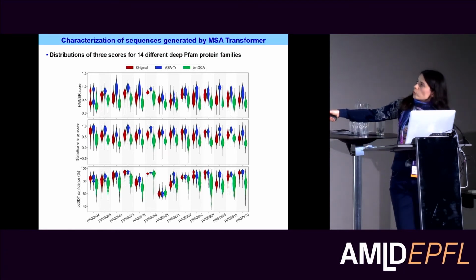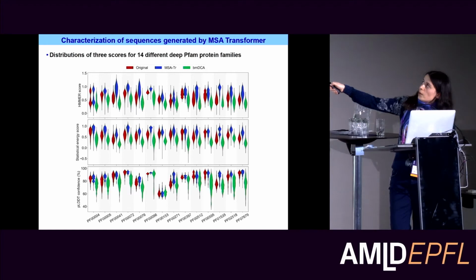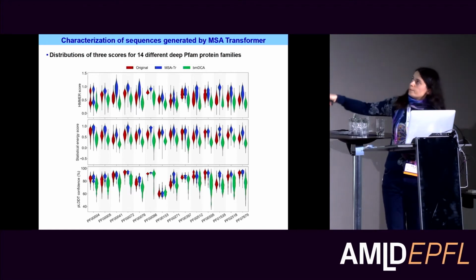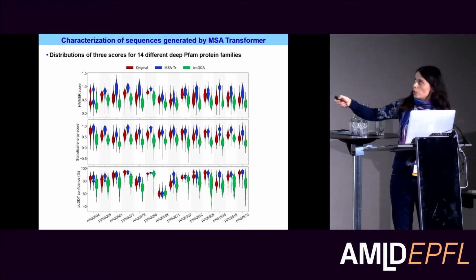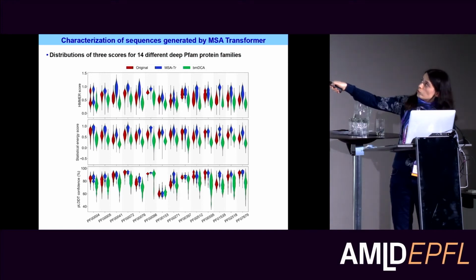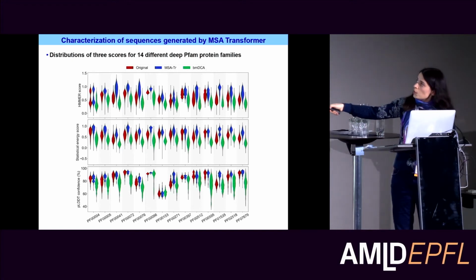Okay, so here you can see for each protein family, 3 different distributions in 3 colors, which represent the original sequences, the ones generated by MSA Transformer, and the ones generated by the Potts model. And for each of these ensembles, we show 3 types of scores. So the first one is showing the HMMER score, the one I showed you for one protein family before. You can see that it's quite general that MSA Transformer generated sequences have better scores than original ones, while BM-DCA generated sequences have slightly lower scores.